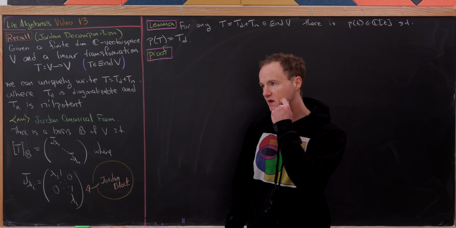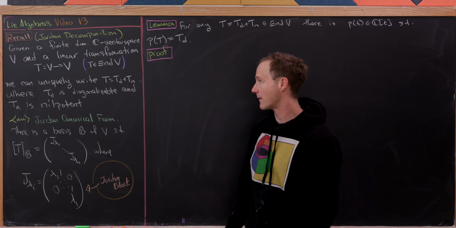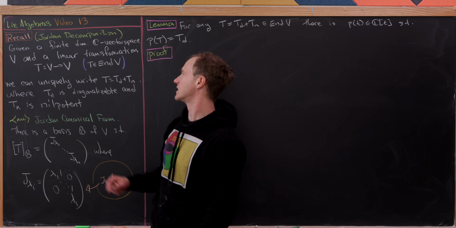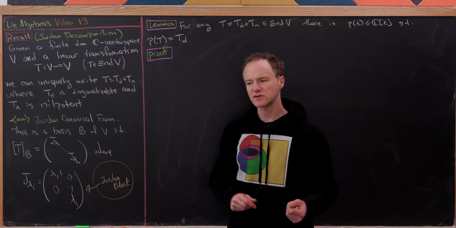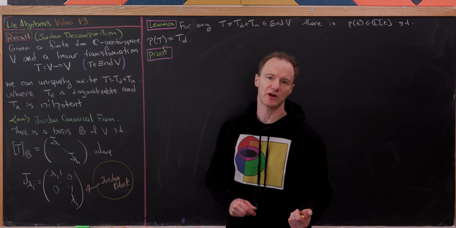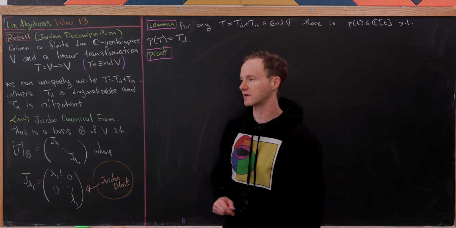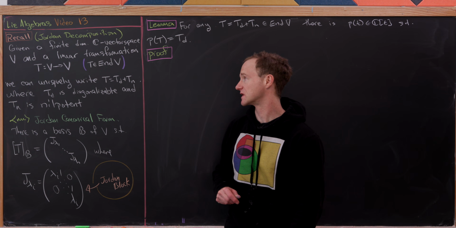So now moving on, we need to recall the Jordan decomposition of a linear map. So let's say we're given a finite dimensional complex vector space V. We don't really need it to be complex, we need it to be over an algebraically closed field. But it's just most reasonable to choose the complex numbers.